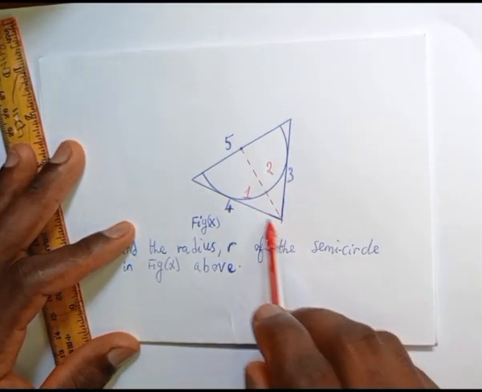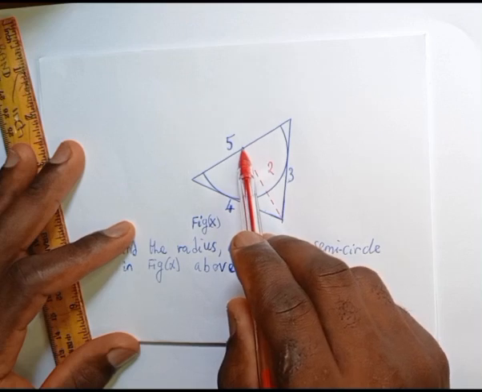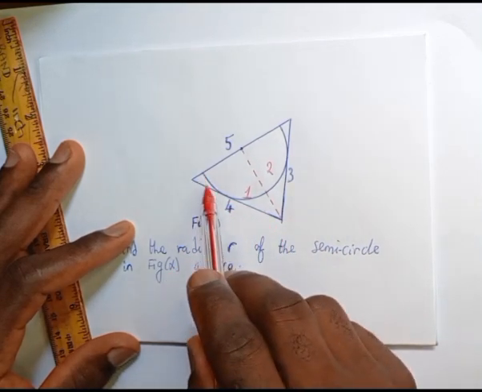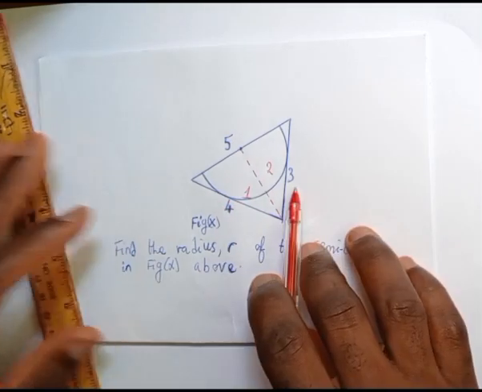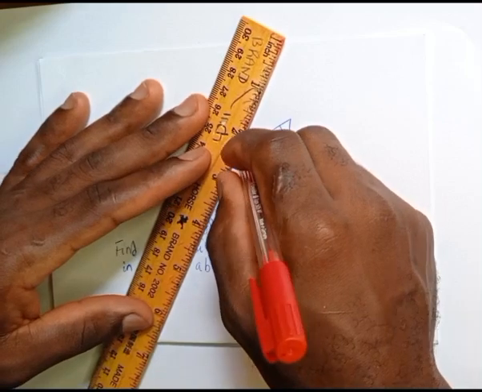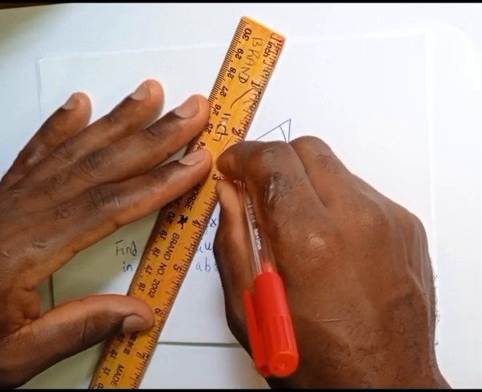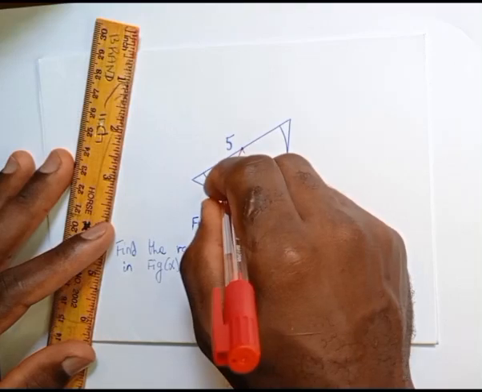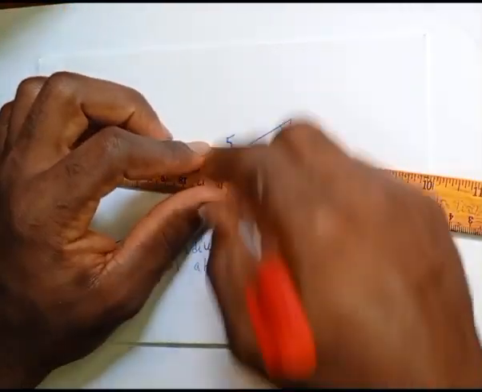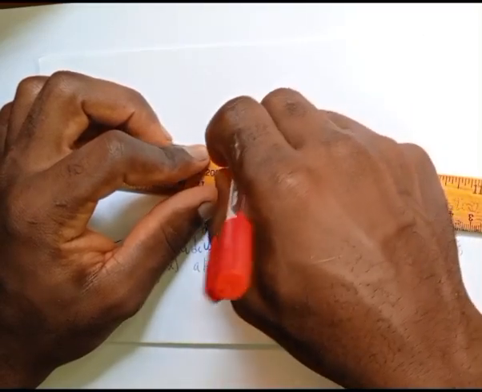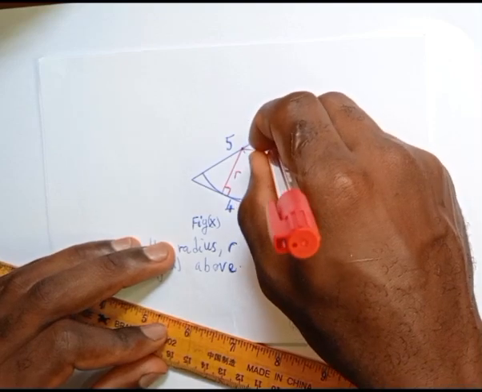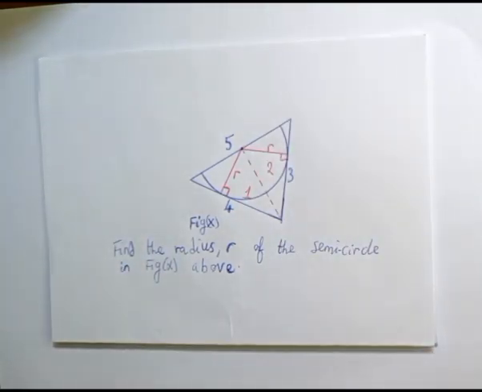The vertical height of triangle 1 is the radius which is perpendicular to this line, because this line is a tangent to this semicircle at this point. This is the vertical height, which is the radius. These two lines are perpendicular. Here, this is the vertical height, which is the radius. These two lines are perpendicular.